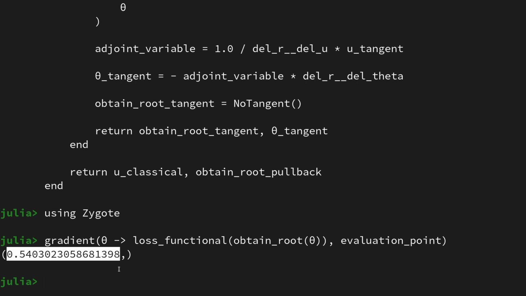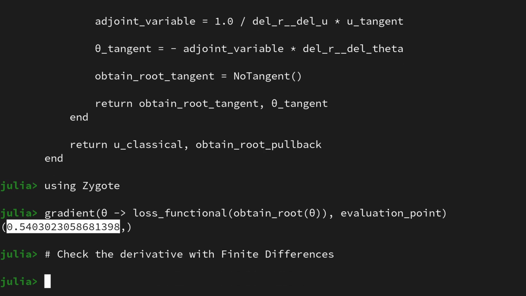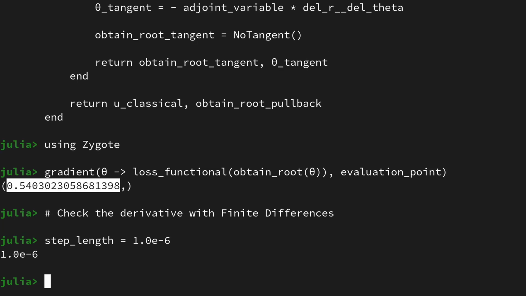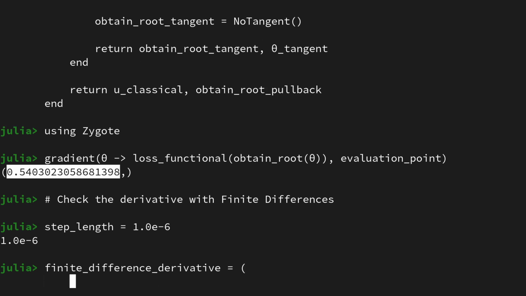So let's check that with finite differences. So check the derivative with finite differences. For this, let's define a step length, and I just use 1.0 times 10 to the minus 6. And let's compute the finite difference derivative. I will just write that over multiple lines.